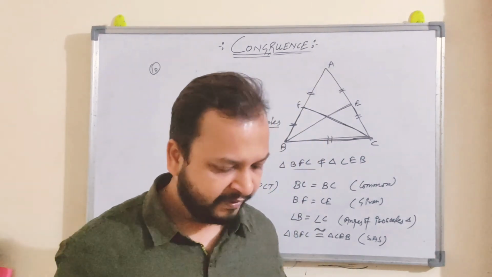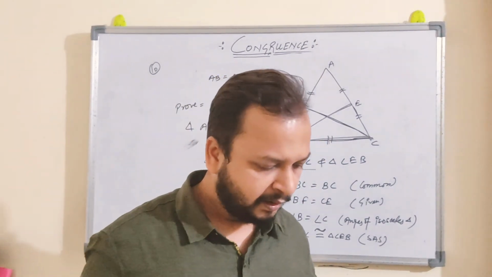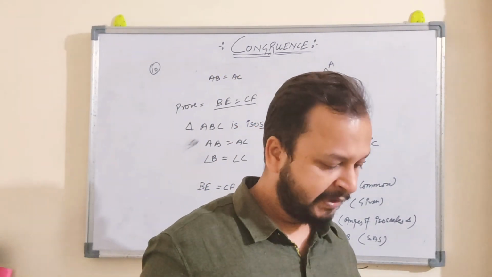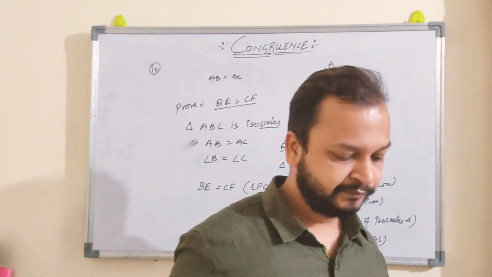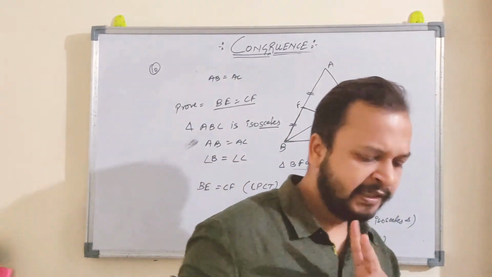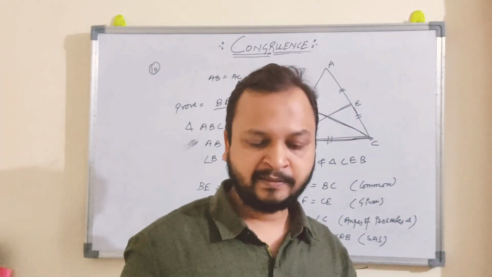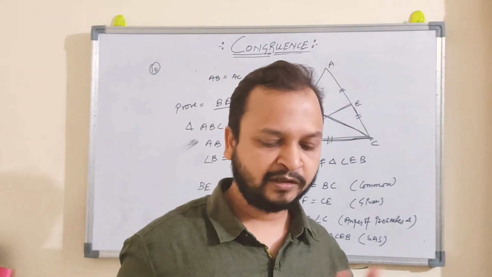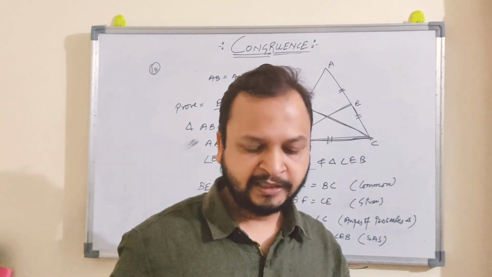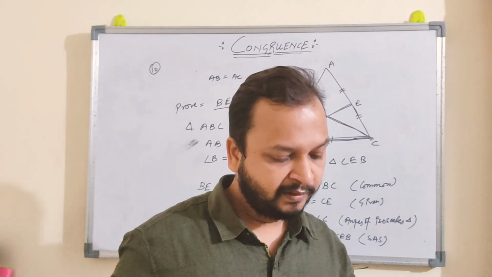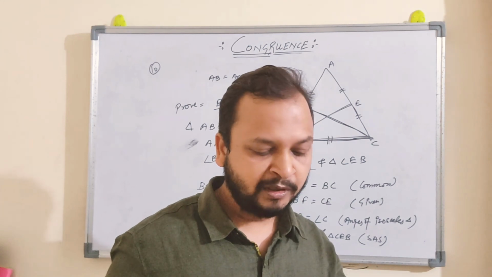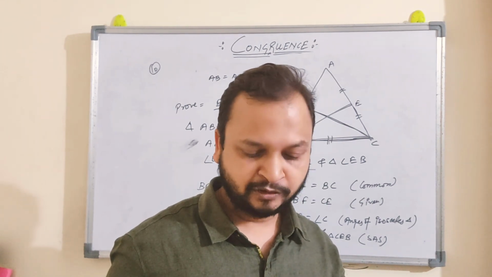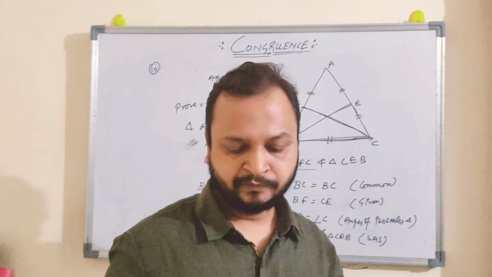So in the same way, you have to prove it. Question number 11. This question is also exactly the same, right? But one more thing is given: P and Q are just points, they are not the midpoints. It is given that AP is equal to AQ, and it is also given that AB is equal to AC.